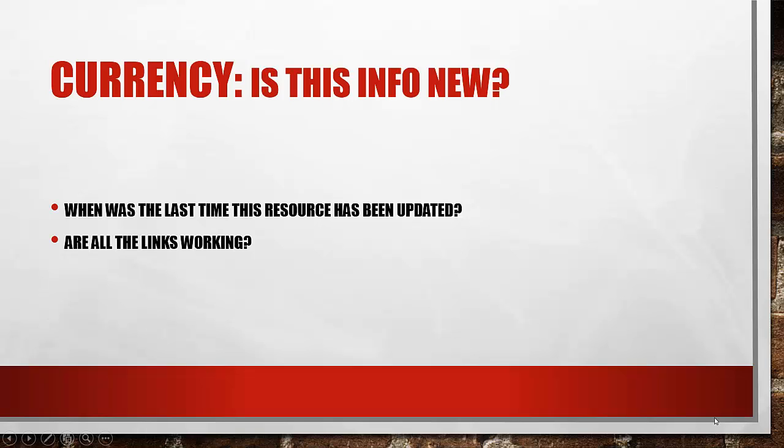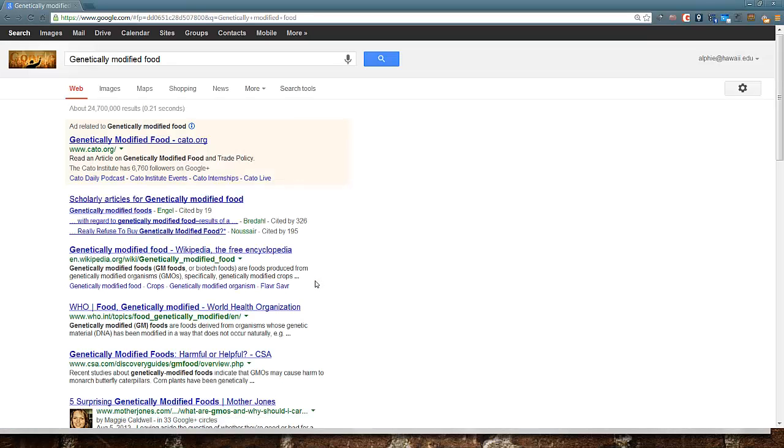Let's start searching for genetically modified foods. Google does a great job of pushing the most timely results to the very top. So you'll get news results, you'll get websites that have been published very recently, all of which may be really helpful to you, especially when you're working on your paper.